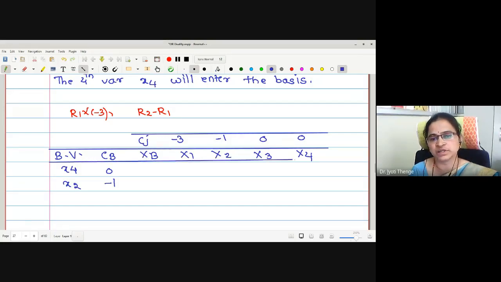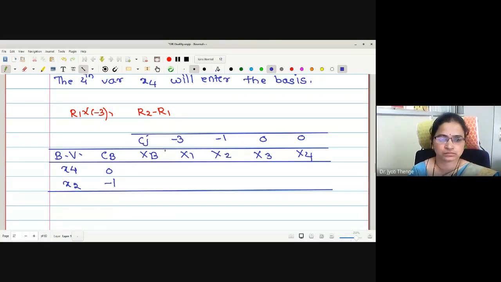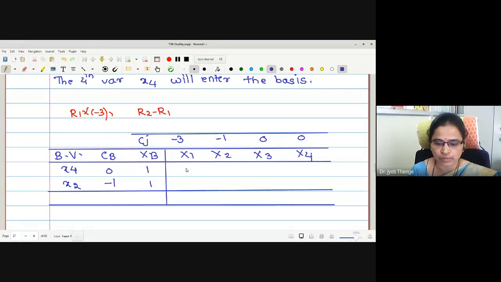Your table representation should be very neat. XB entries here are 1 and 1. First column is 1, 1. This is 0, 1.